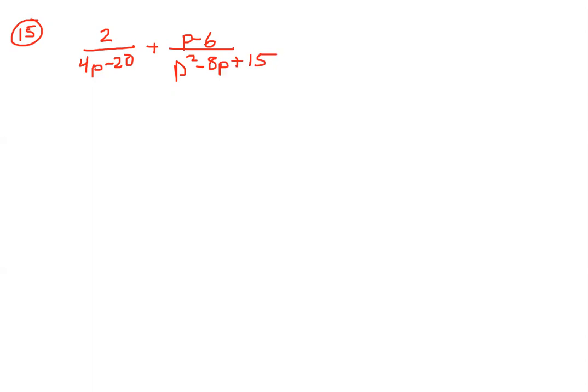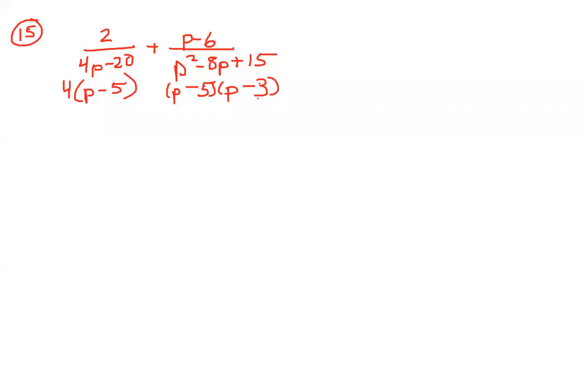All right, let's go ahead and factor each of the denominators. This first one we could take a 4 out of, and we're left with 4 times p minus 5. This one over here, we can factor, say, what multiplies to give you 15 and adds to give you negative 8. That's going to be a negative 5 and a negative 3.